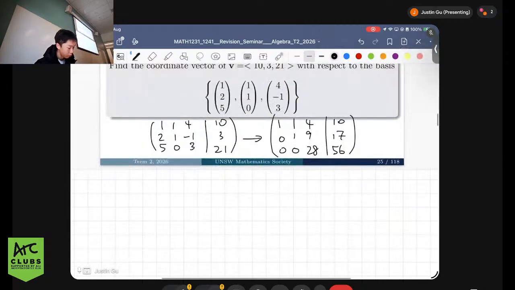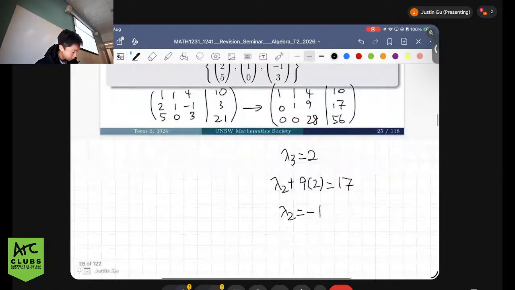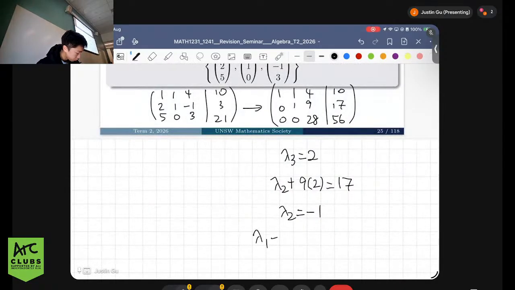Same method as before. We just use back substitution, and we'll realize that lambda 3 gives us 2. So lambda 2 plus 9 times 2 gives us 17. So therefore lambda 2 is minus 1. And then lambda 1 minus 1 plus 4 times 2 gives us 10.